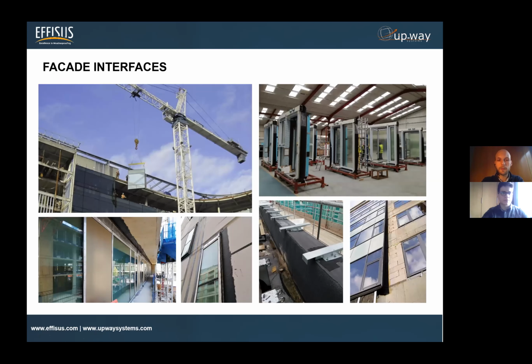So I would first like to share some images that I think are interesting in order to kick the ball in this presentation, because we normally talk about interfaces as a very general concept, but what are really the interfaces when we are discussing the facade interface?